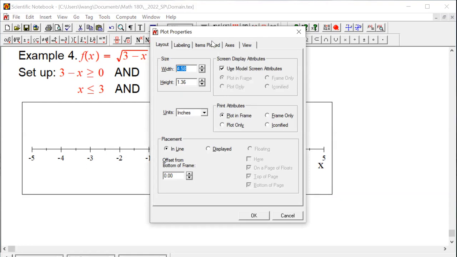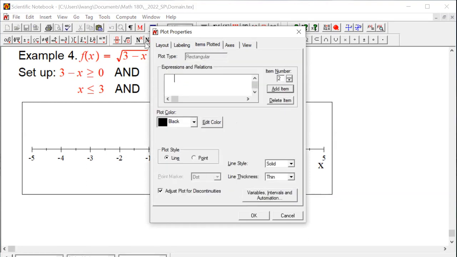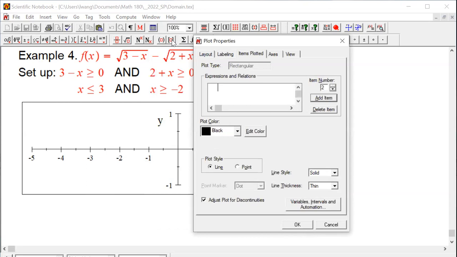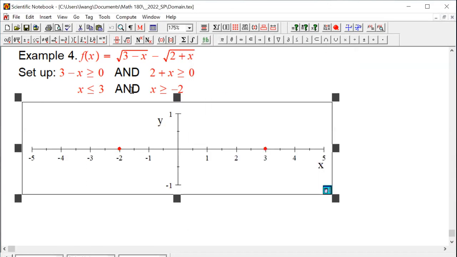First we identify these two points. One is 3, a red dot because it's less than or equal, and the other one is -2. So we have these two dots.